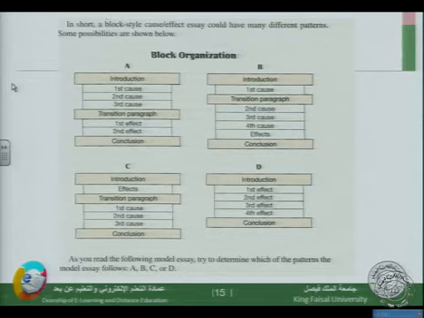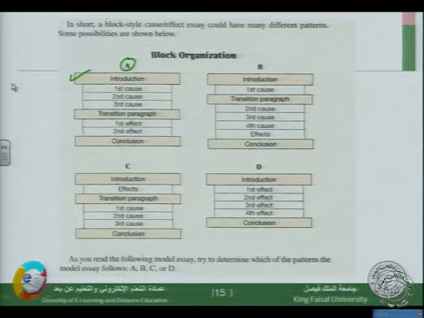As you can see here, in short, a block style cause and effect essay could have many different patterns. Some possibilities are shown below. This is what we call block organization. We have this one possibility.